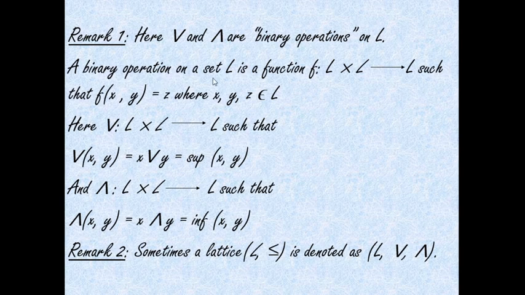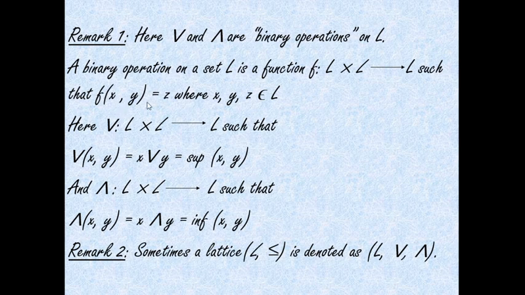A binary operation on a set L is a function from L cross L to L such that for every element x and y in L, the image of the ordered pair (x, y) is some element z in L. That is, f of (x, y) is equal to z.